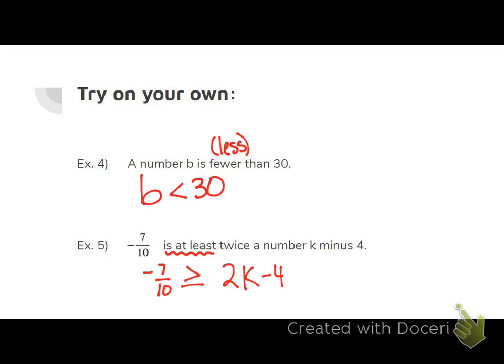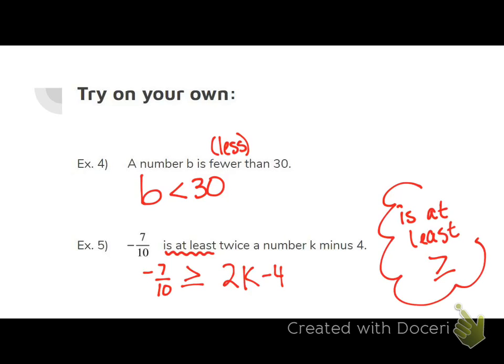If I need you to give me at least $20, that means it's okay if you give me $20, or you can give me more than that, but it can't be less than 20. Does that make sense? Is at least should translate to greater than or equal to. If you want to write that off to the side, is at least means that it would be greater than or equal to. That might be a good little note to have to yourself.